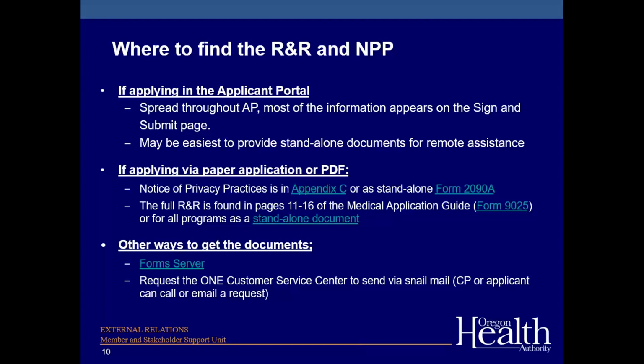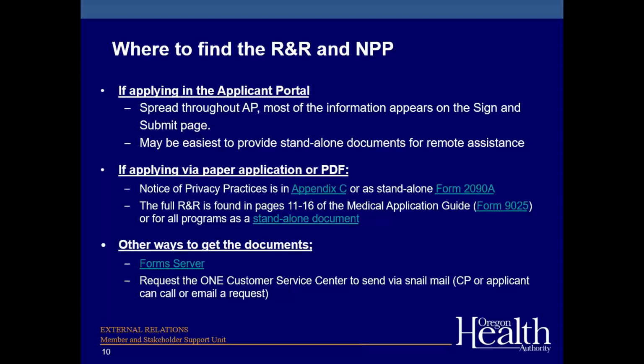All right, so let's talk about where you can find these documents. If you're applying in the applicant portal, and the applicant portal is available really only in English and Spanish, right? The rights and responsibilities and notice of privacy practices are spread throughout the whole applicant portal. Most of the information appears on the sign and submit page, but it really is spread throughout.